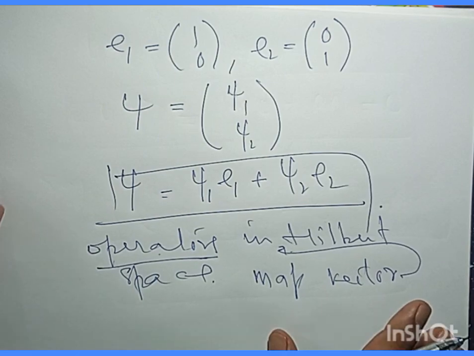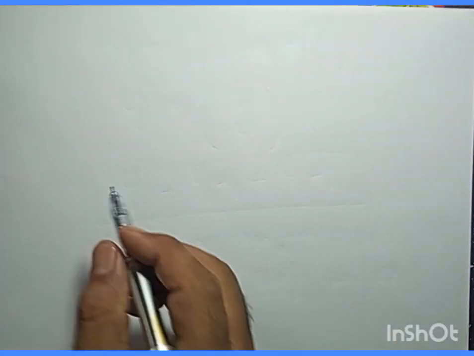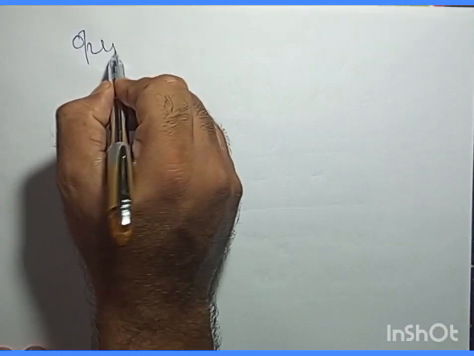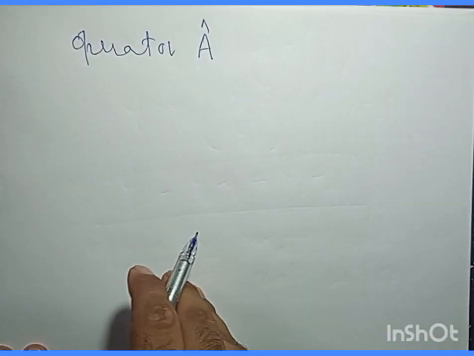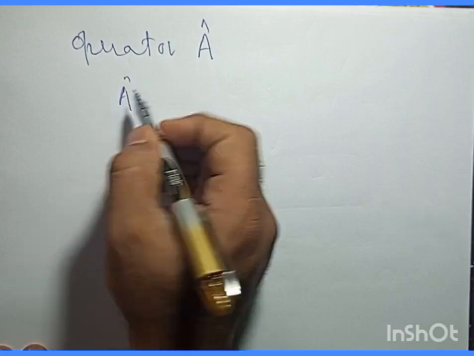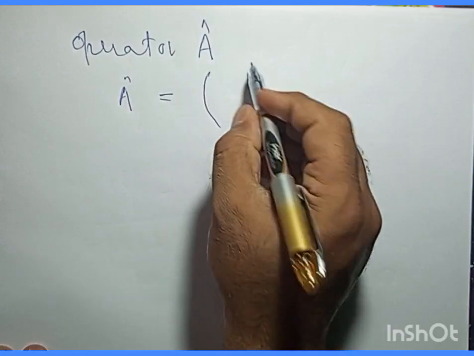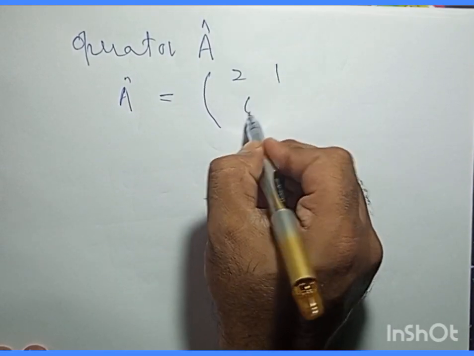Now, suppose there is an operator A, with a cap on it, and we write this operator as a matrix, say 2, 1, 0, 3.